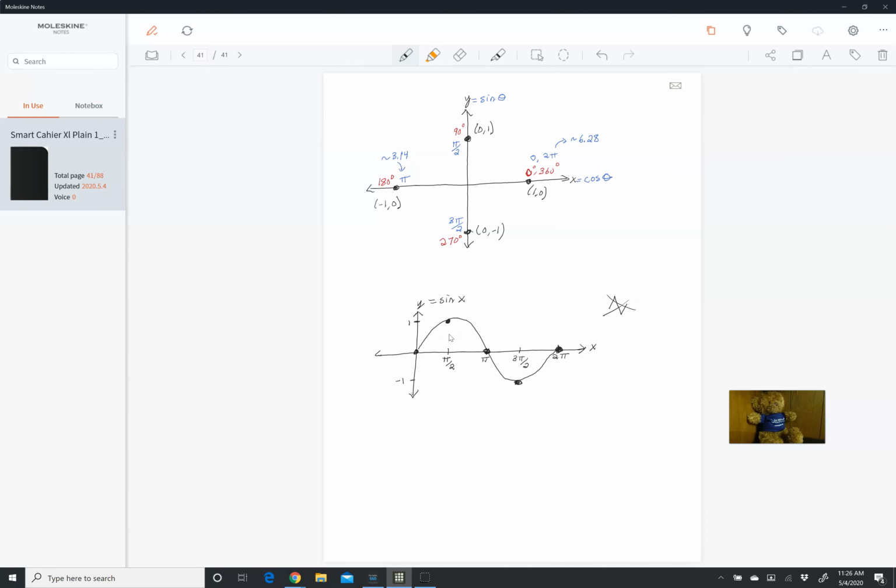I should never see that on anybody's paper. So we get the sine by looking at the y values of the angle in the unit circle.